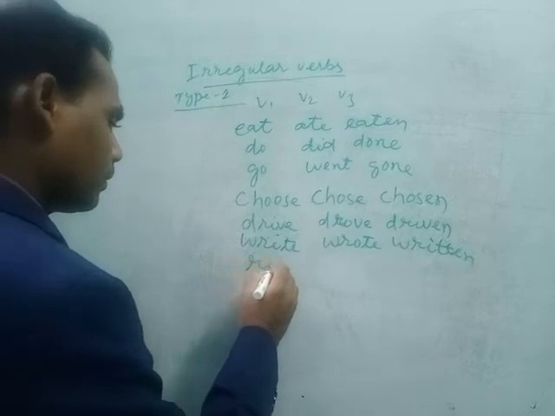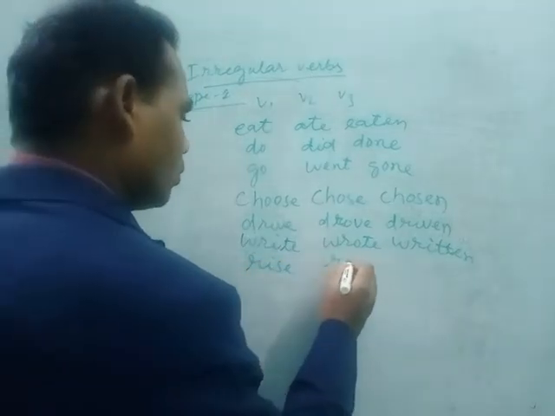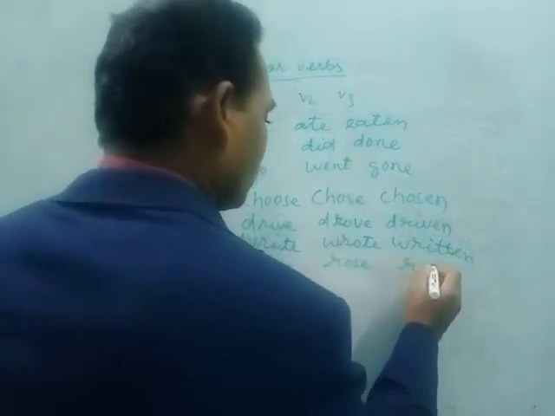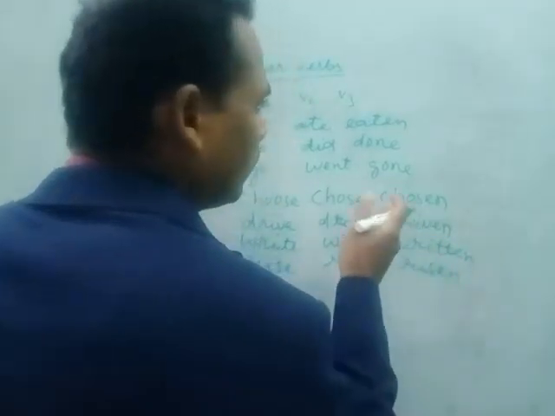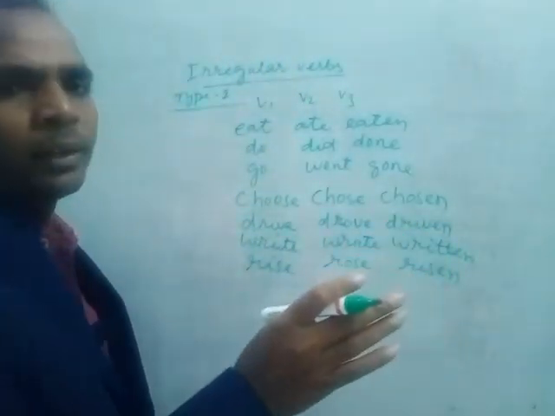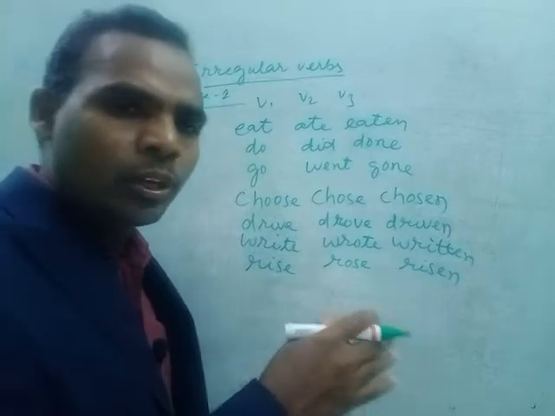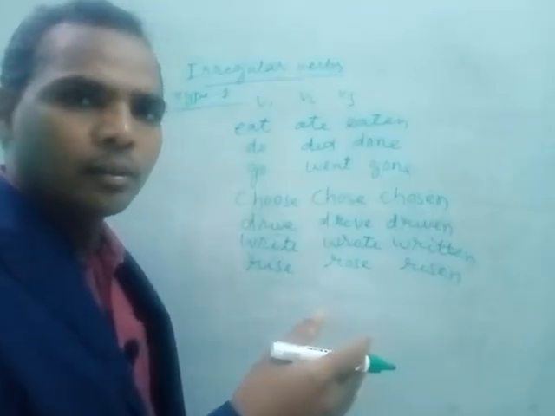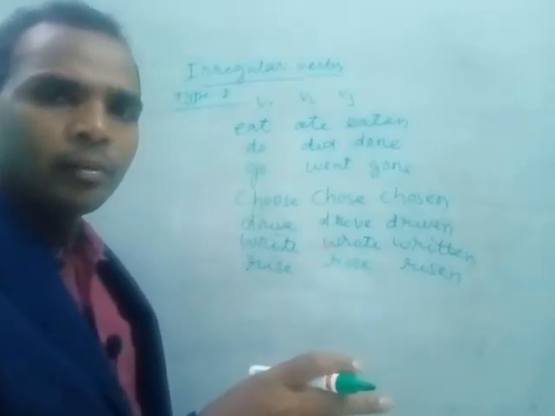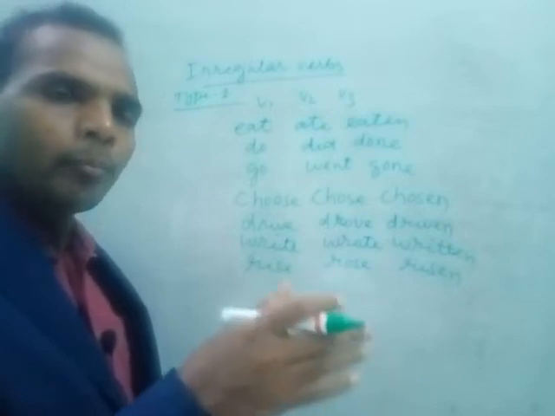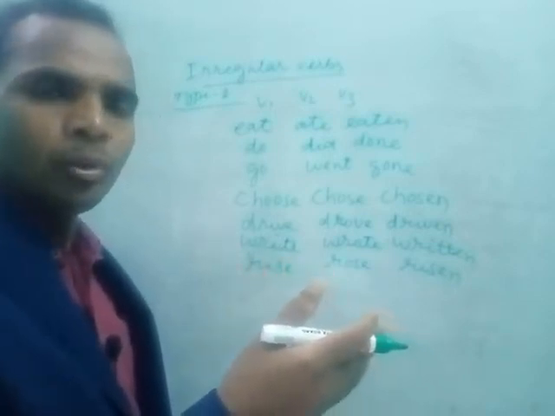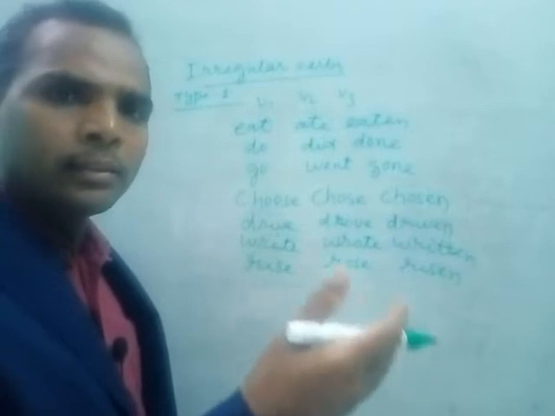Rise, rose, risen. So irregular verbs are limited. You have to remember them, practice them, and make a copy about verbs and practice as much as possible in order to know the English language.